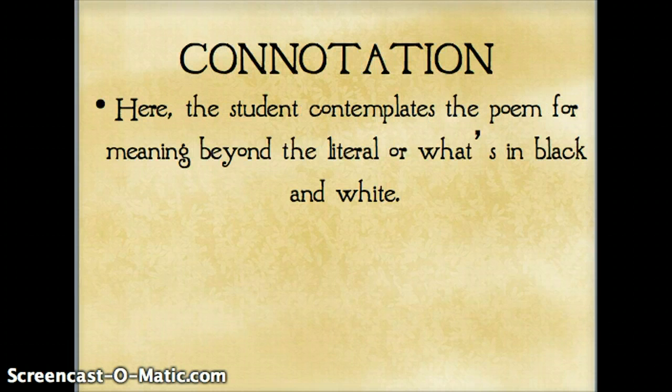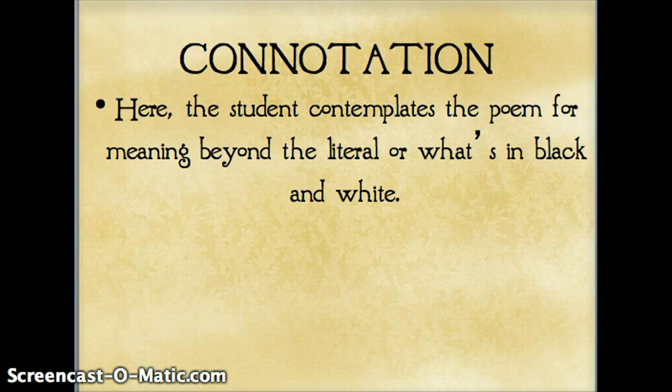Probably the most daunting task within TP-CASTT is connotation. And this is where the student contemplates or thinks about the poem for meaning beyond what is literal or what's in black and white. And what is necessary here is that you examine all the various poetic devices.